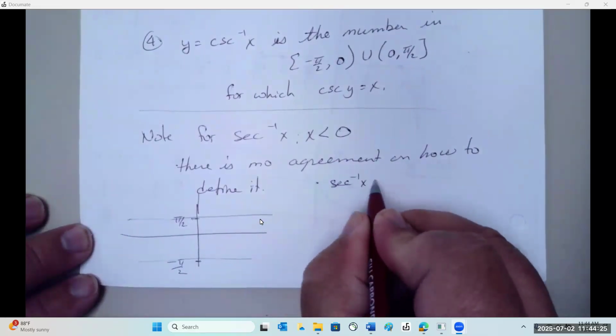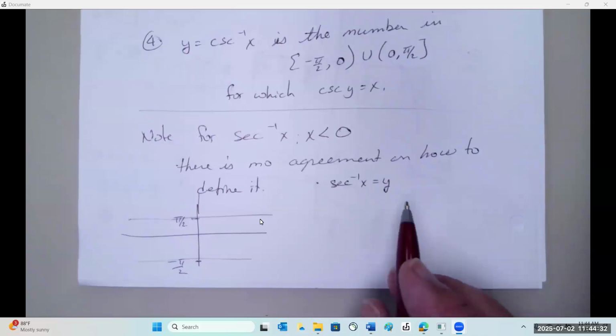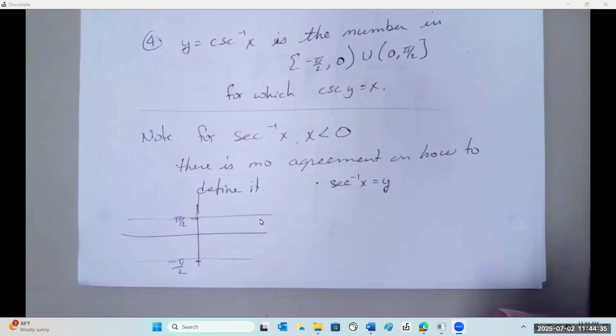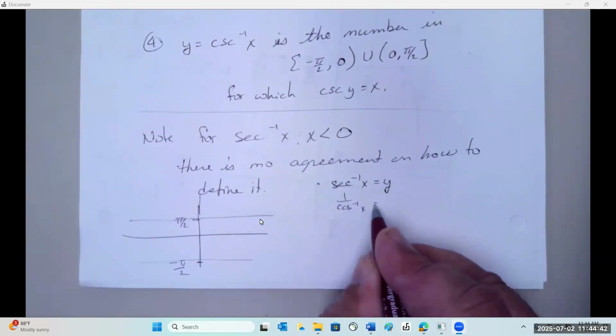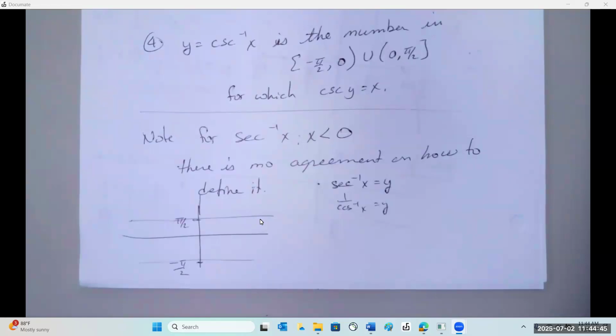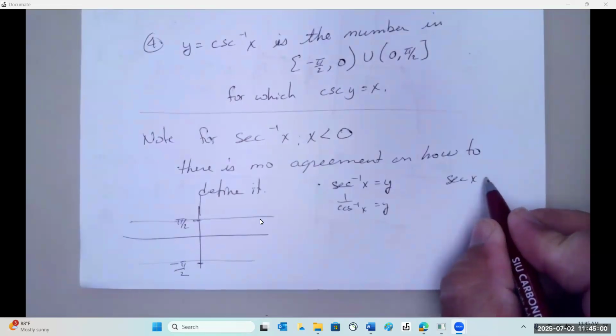So what do we know about the secant function? What is it made up of? It's made out of the cosine, but is it 1 over cosine inverse? Where is cosine 0? What x values can we not use here? What's the regular secant function? What is it bounded by?